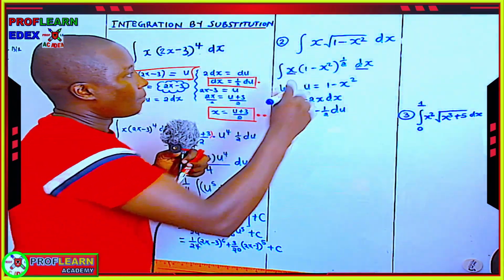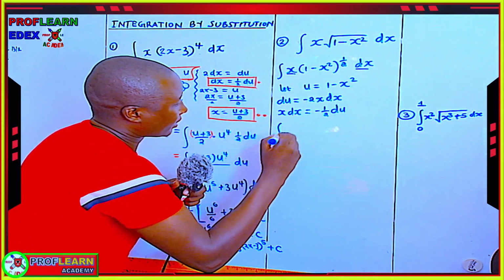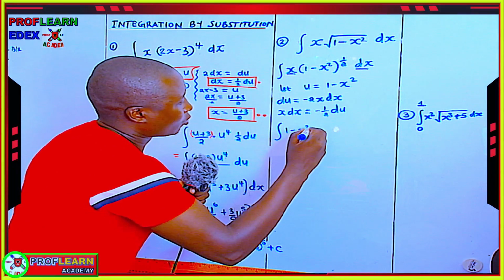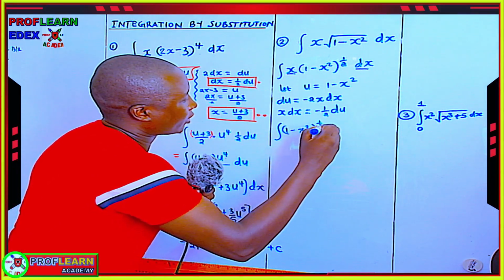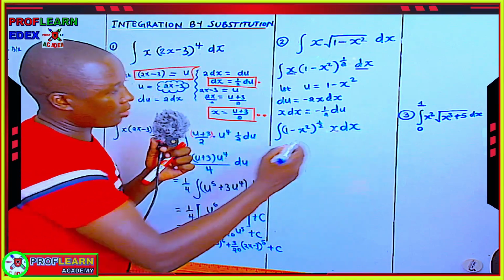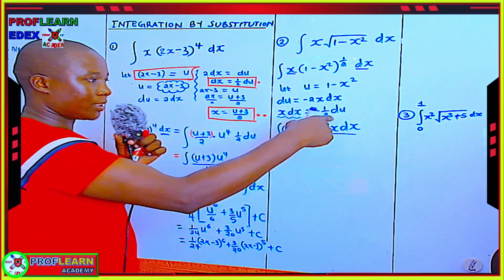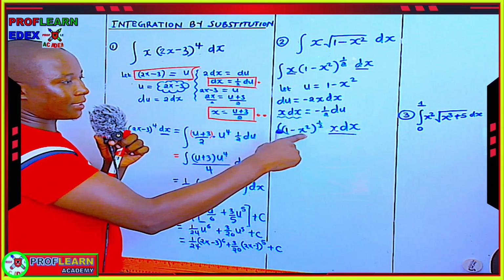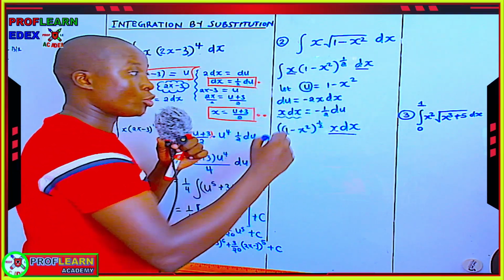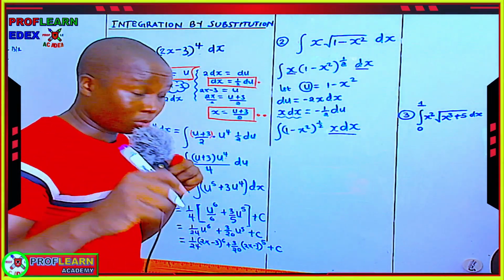So if I write this with the square root, I can say this is (x cubed plus 5) raised to power 1 over 2 times x squared dx. So anytime I have x squared dx, I'm going to replace that with this section here. After dividing by 3, we shall have x squared dx is the same as 1 over 3 du.